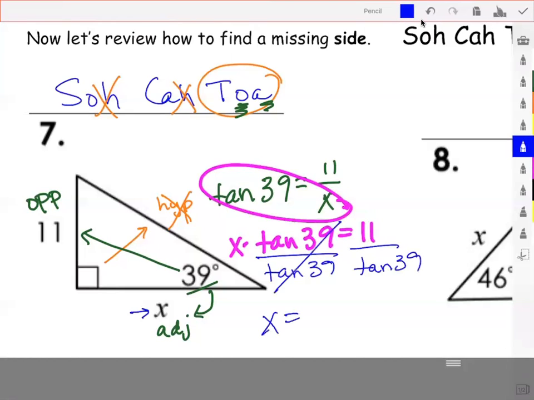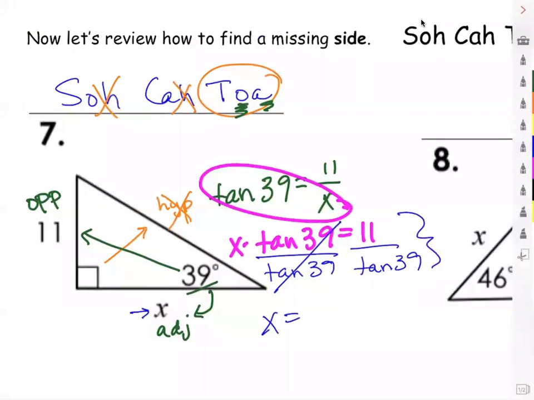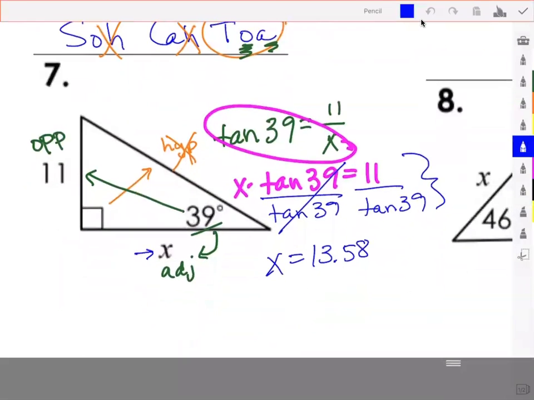So X equals, and then I'm going to type this in. 11 divided by tangent of 39. So 13.58. And on sides, you're going to round to the nearest tenth. So just like you've been doing. So this will be 13.6.